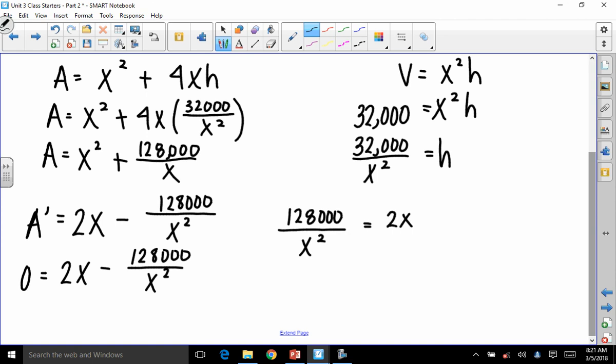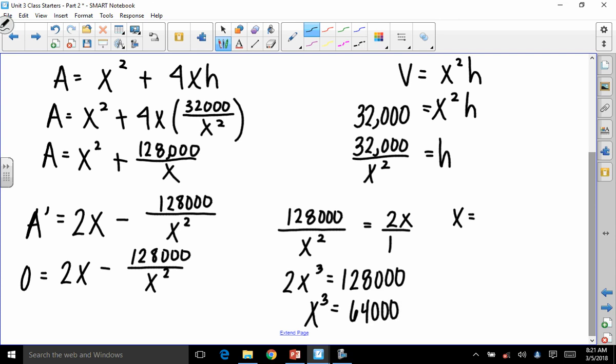Right? So if we multiply, then 2X cubed has to equal 128,000. So X cubed has to equal 64,000. So the only real value for X that you're going to get there is what? 40? Okay.